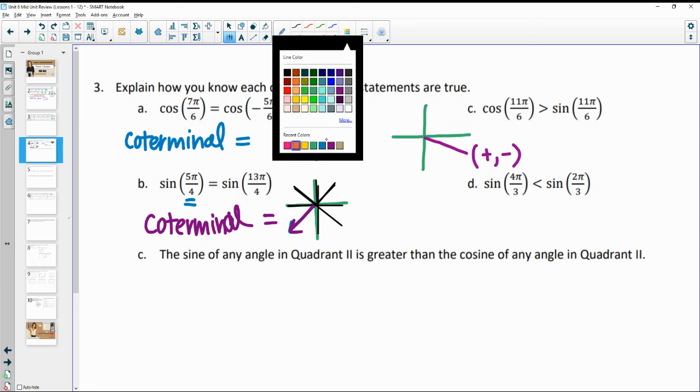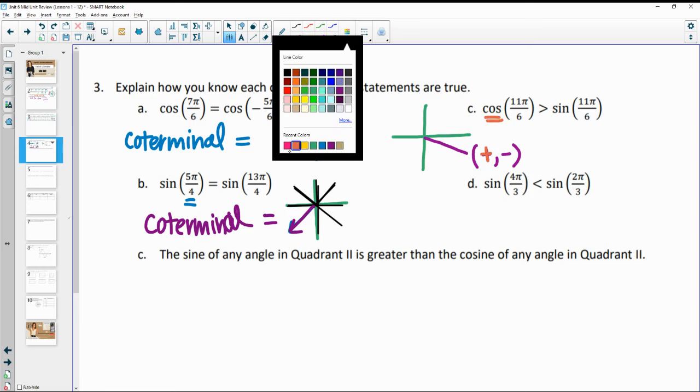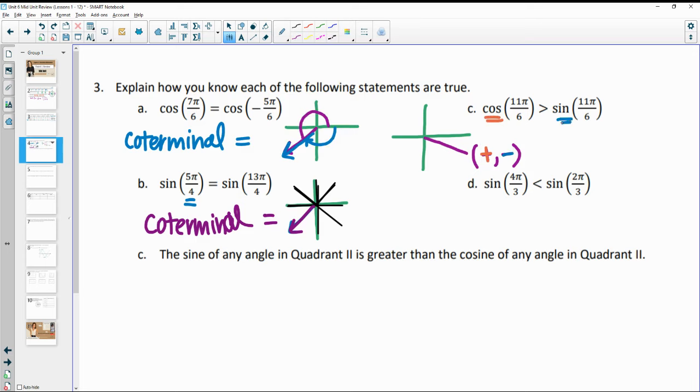And we know that the cosine is always the x coordinate and the sine is always the y coordinate. So at this angle, the cosine is positive and the sine is negative. So cosine has to be larger, because it's positive and the sine is negative.